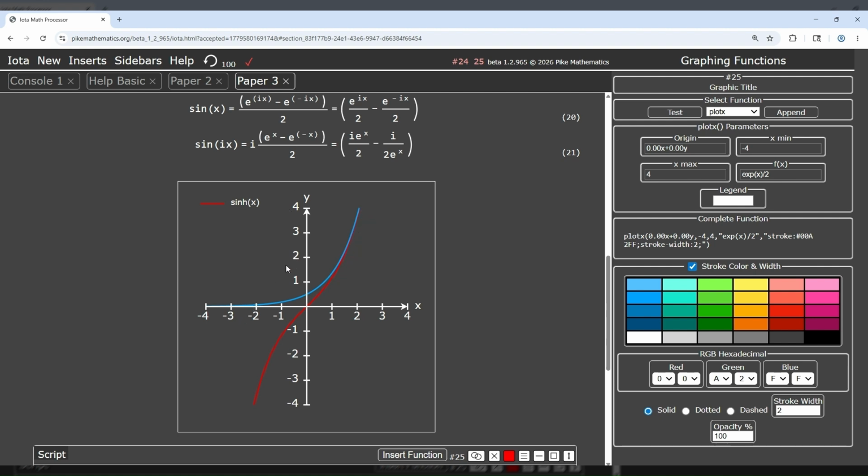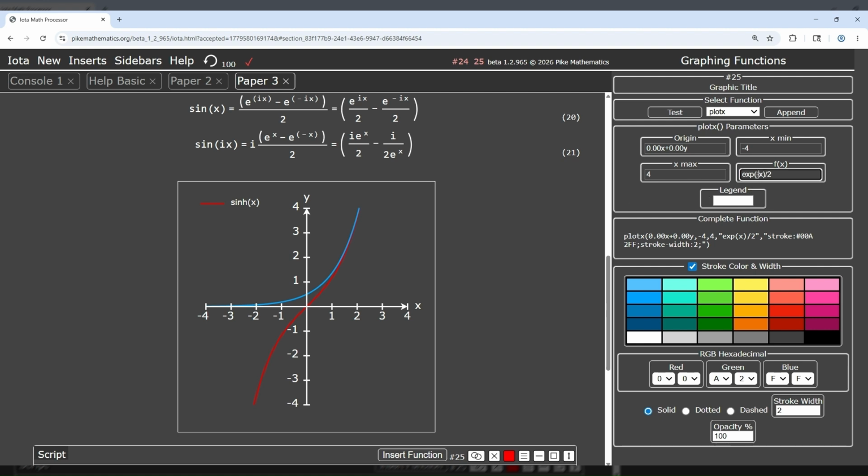So when x gets negative, this number starts to become really small, but this number would start to blow up, but it's a negative number. Okay, so it's going to start to approximate negative e to the x over 2. Let's graph that one.